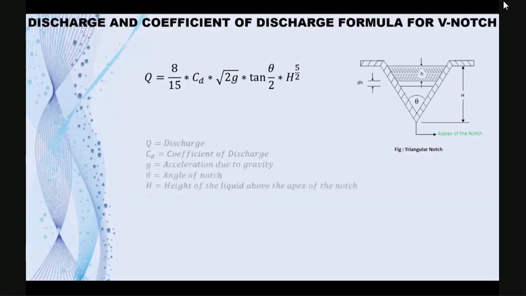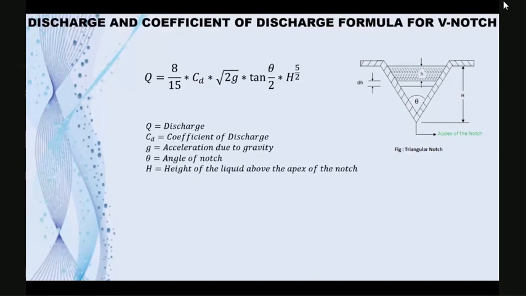Here, theta is the angle of the notch and H is the height of the liquid above the apex of the notch. As we have calculated Q theoretical, we can calculate the coefficient of discharge Cd using the formula Q actual divided by Q theoretical. Now I will talk about the experiment setup.